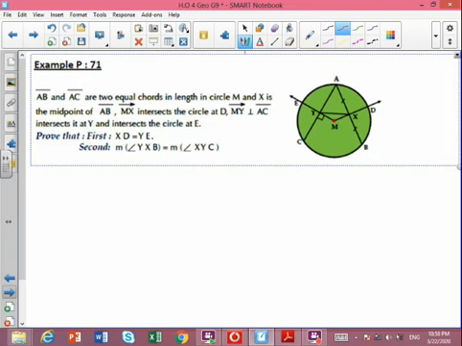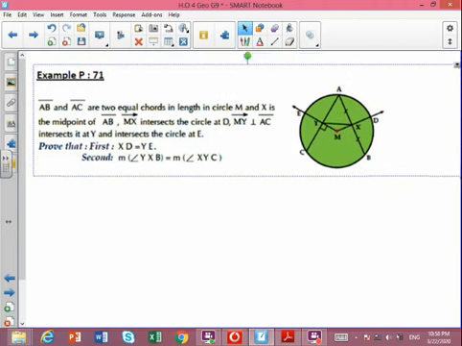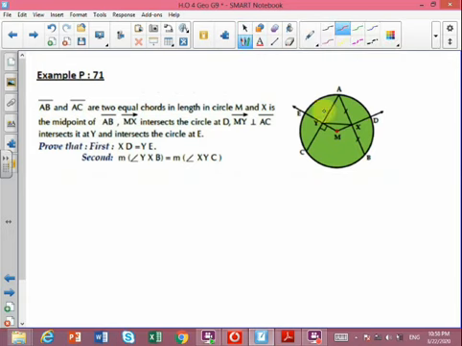This is an example to prove. Let's read it very well. AB and AC are two equal chords in length in circle M, and X is the midpoint. When X is the midpoint of AB, what will you deduce here?